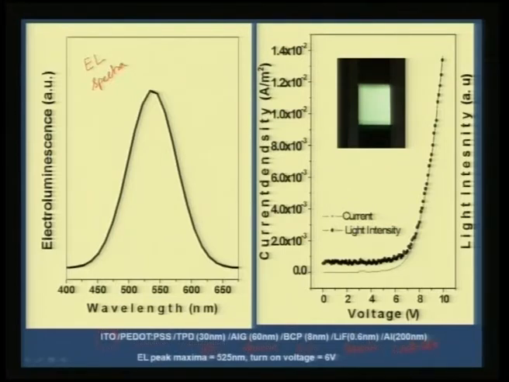So, in a device configuration like this, you can see that AIG is giving a nearly good green emission, and one can see that the current and the light intensity curves are going hand in hand with the turn on voltage somewhere around 6 volts, fairly good, and one can achieve a compromise between PL and mobility if one can play around with the amount of aluminum, indium and gallium in a single solid solution.